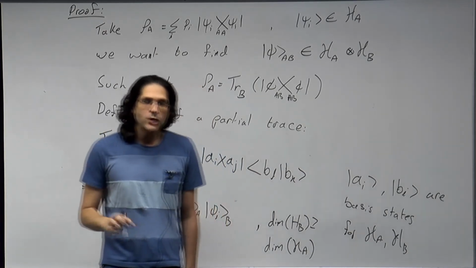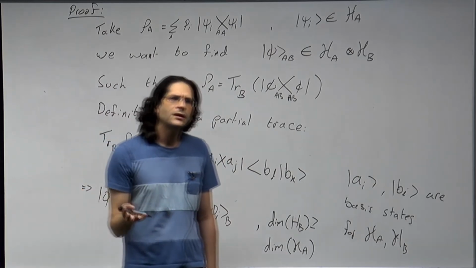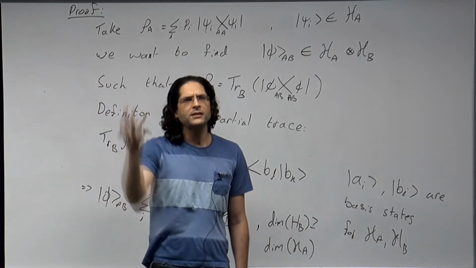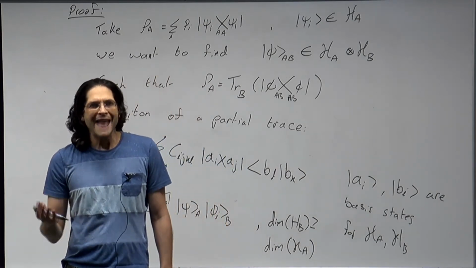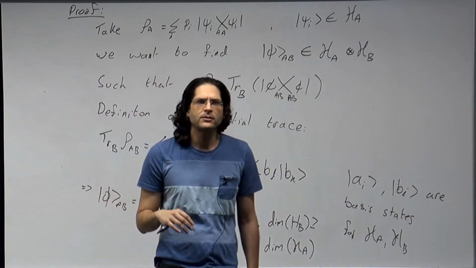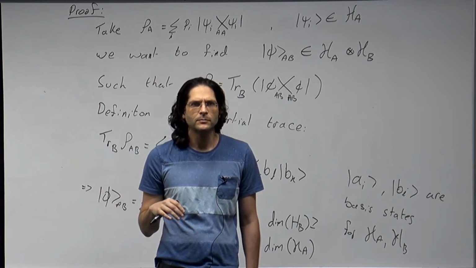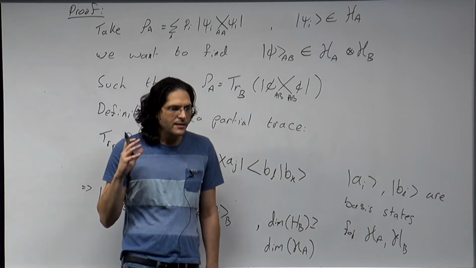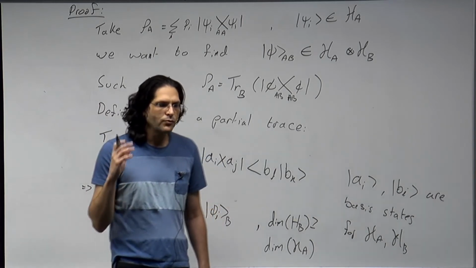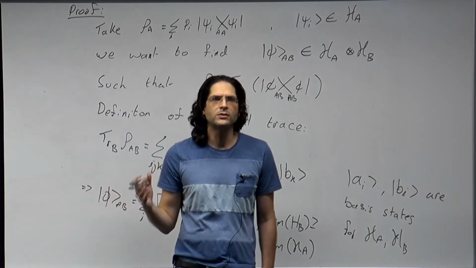You can have a bunch of qubits randomly distributed around the Bloch sphere, and that will give you the exact same density matrix. The main point is that you really cannot distinguish between those states.